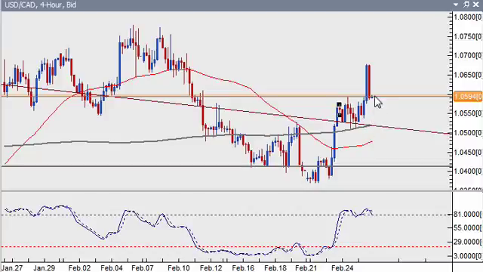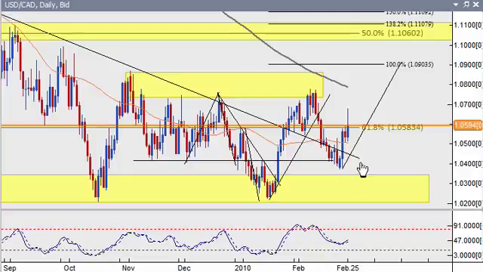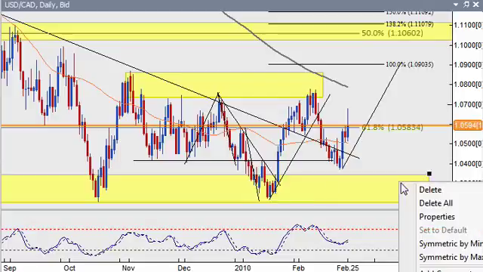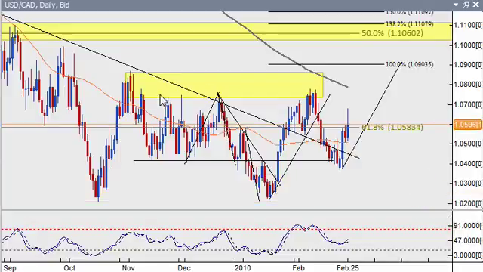Looking at the US dollar Canadian dollar daily, we see here a failed attempt to pass the previous bottom at 1.02. And we have a swing projection to the 1.09 area, which tests this previous high up here.